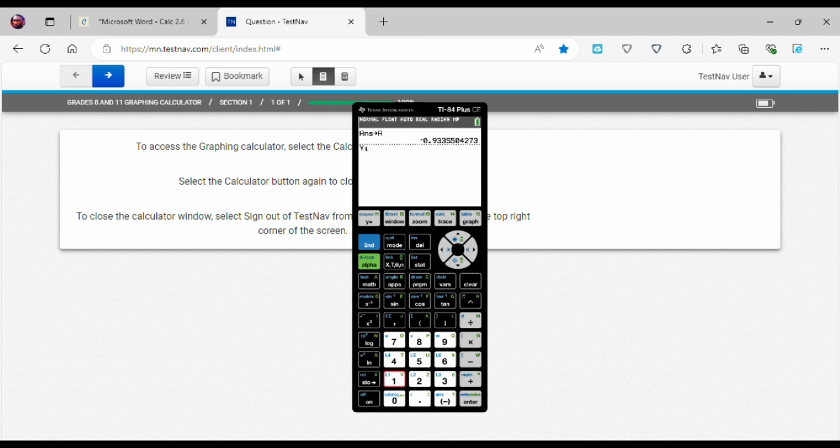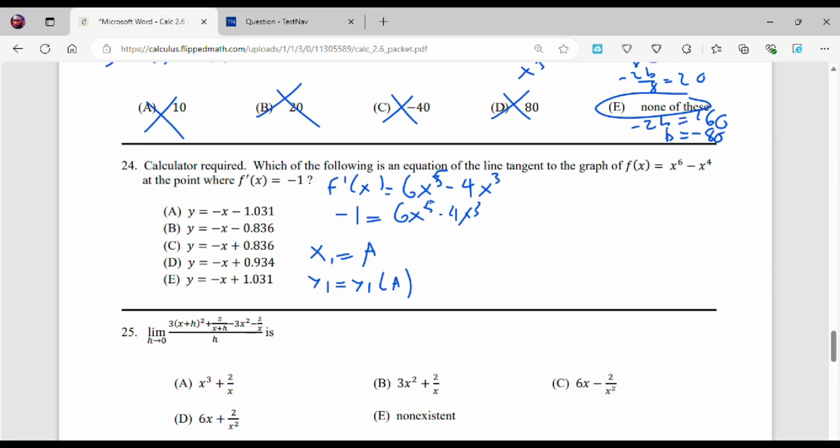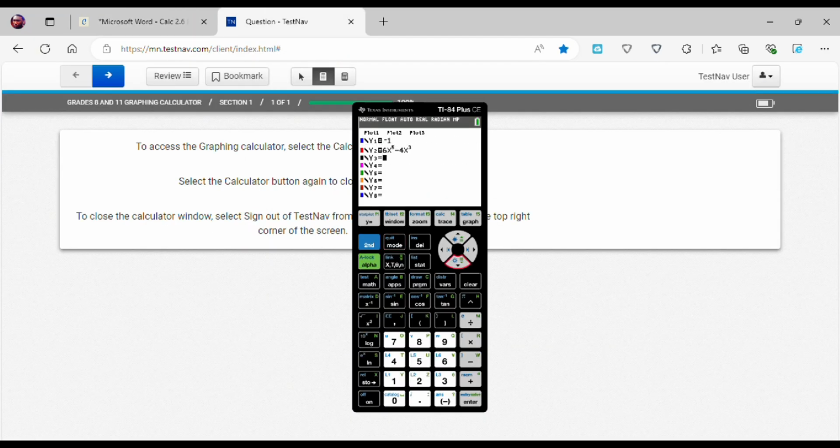Sorry, it's not y1 because we have negative 1 as y1, so that wouldn't work. We have to actually plug in our original equation because we're not finding our y prime of alpha. We're finding our y1 of alpha. So this is our y1. So we actually have to plug that in.